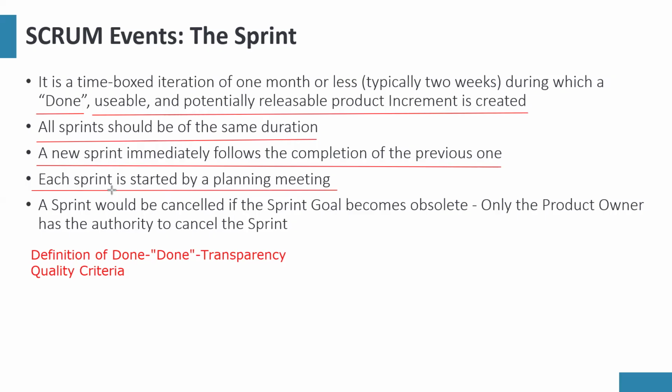So you are ending the sprint on Friday. The next sprint will start on Monday the next week. So there's no break in sprint. We don't do 2-week sprint, then take 1 week break, then start 2 weeks. It's a continuous cycle of delivery, and it's in line with the first principle of continuous delivery of valuable software.